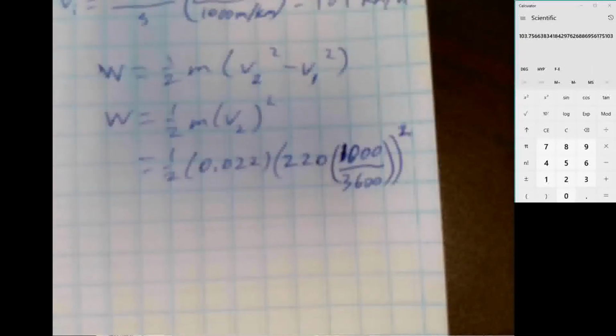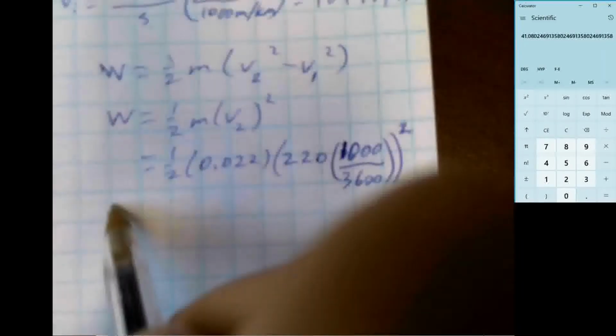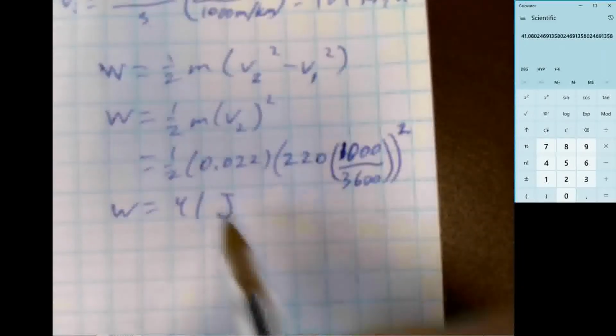So this is what I'm going to be entering in my calculation. Because this is squared, I'm going to start with the squared term. So 220 times 1,000 divided by 3,600. That term is squared, times 0.022 divided by 2. That gets me to a work of 41 joules.